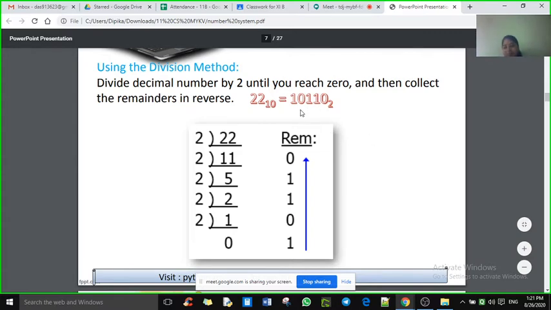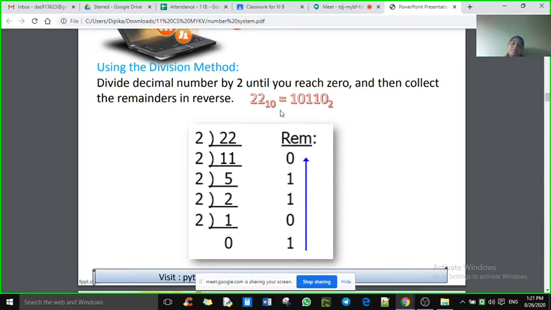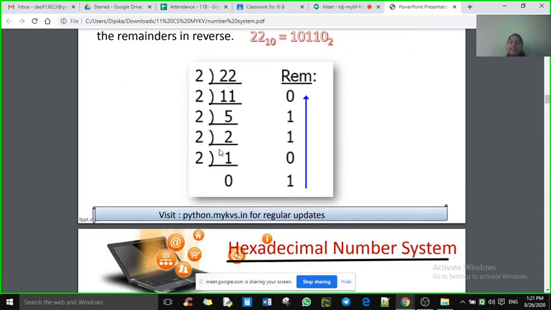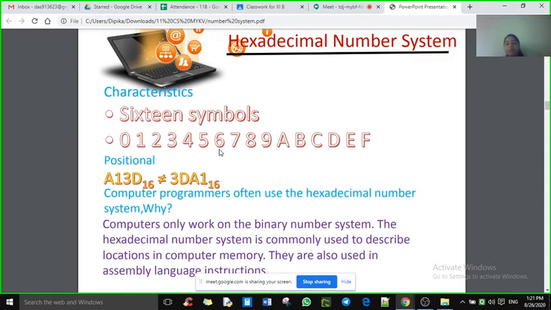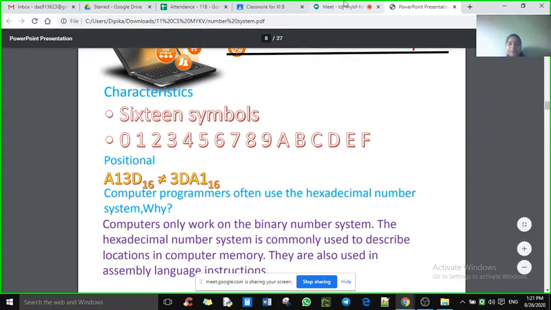Ma'am, 10110 base 2. Correct. So this represents the conversion, and here we divided the number by 2 because the base of the number system is 2. So remember it like that.